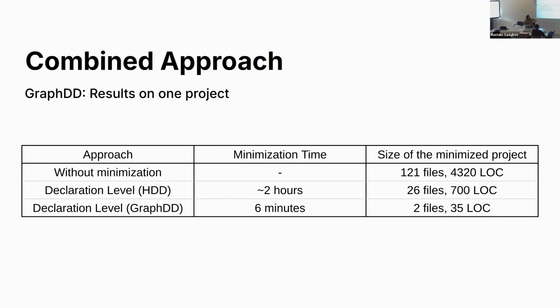And the result that we retrieve from this modification is that, for a project with, for example, 5,000 lines of code, the usual declaration level minimization works about 2 hours, and as a result, we receive not so good results, with a lot of lines of code still there.